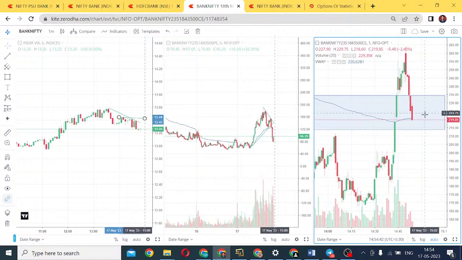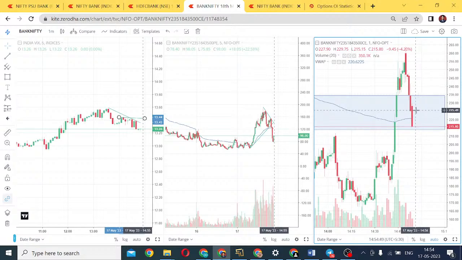So wait around, you can place an order around 224, keep a stop loss order in, put an order up front.